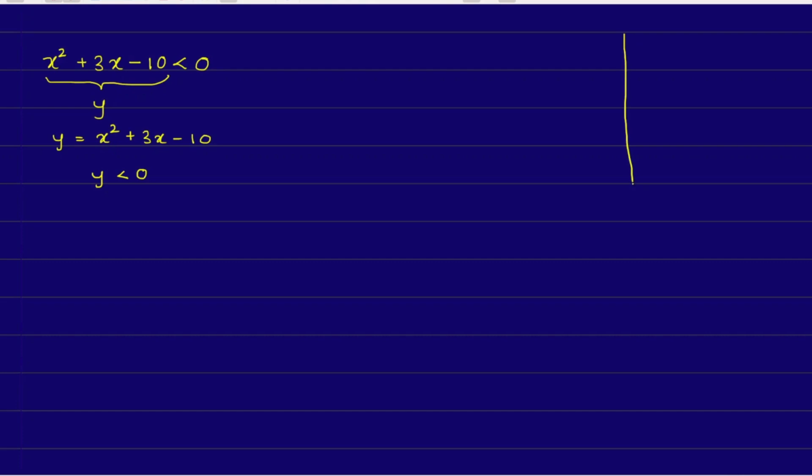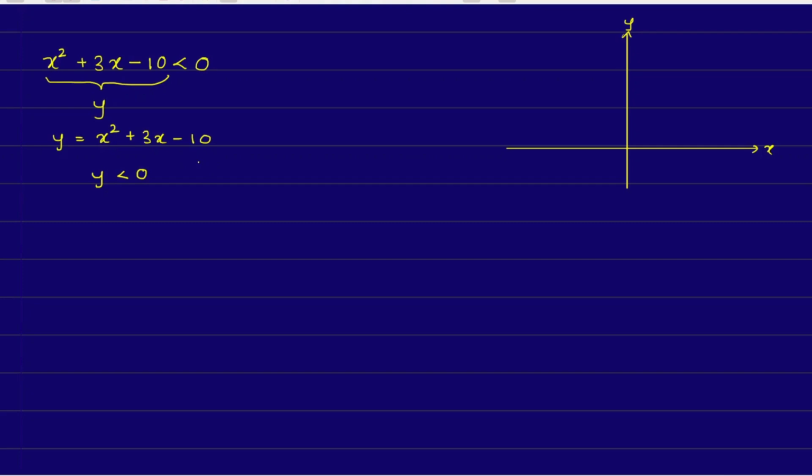So I draw the y-axis and the x-axis. And then, since the coefficient of x squared is positive, this is going to be a minimum shaped like this, just like before.